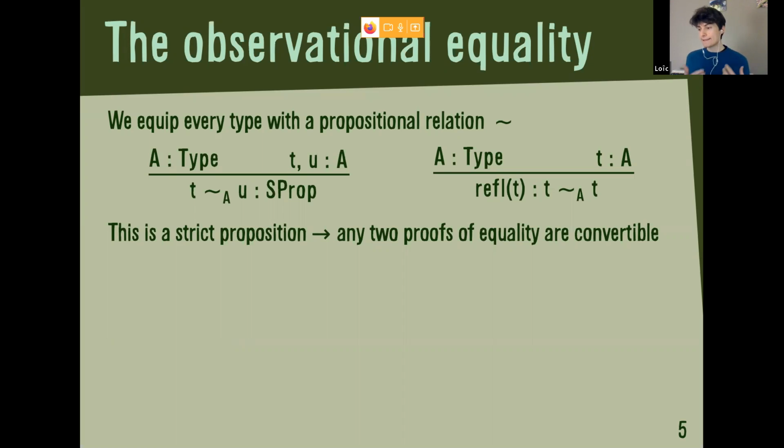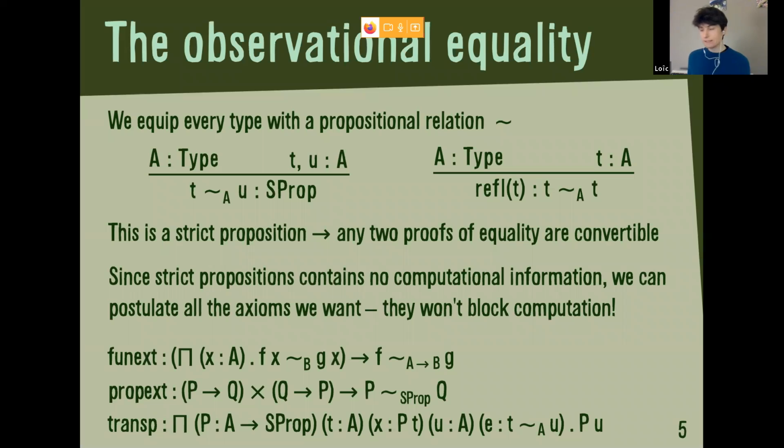This entails that proofs of observational equality cannot contain any computationally meaningful information. And this is both a curse and a blessing, because it means that we can basically postulate any theorem that we would like as an axiom, and it will not block computation, since it will never even be considered by computation.